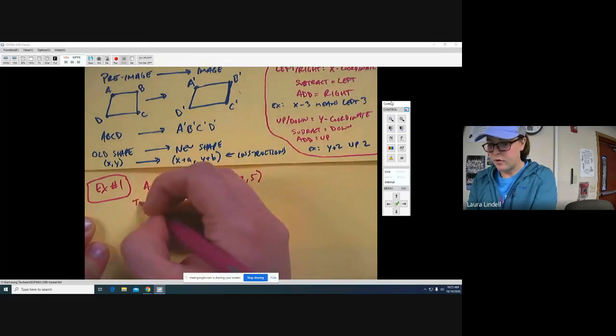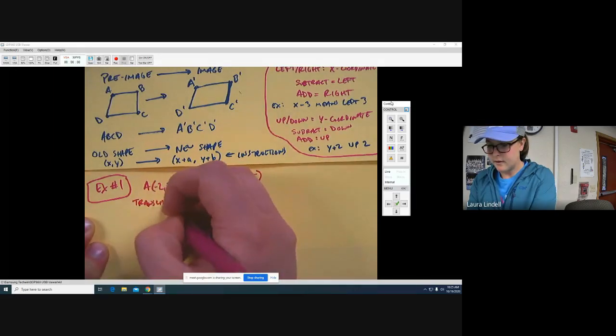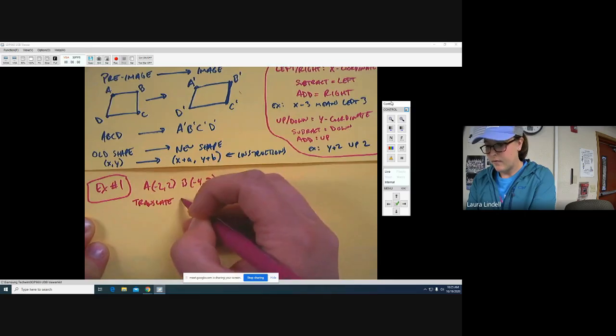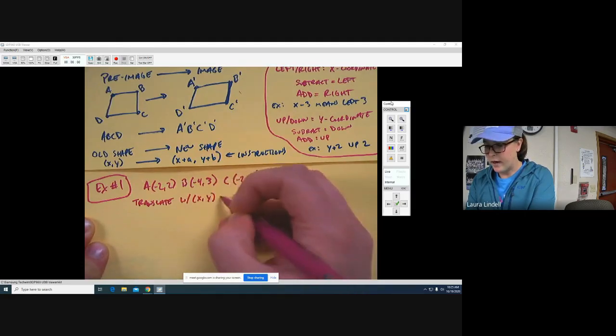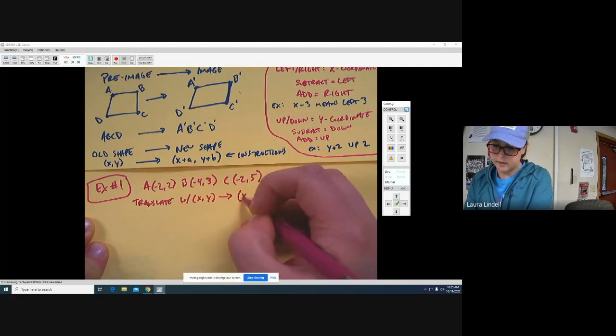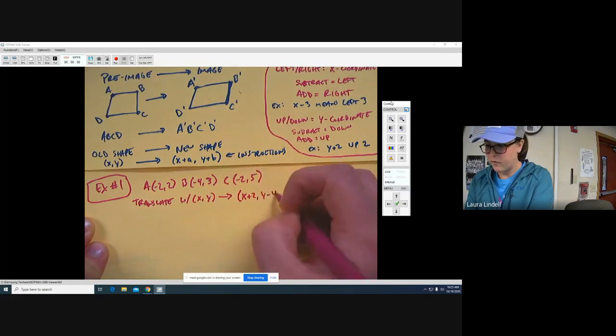And we are told to translate with the instructions (x, y) becomes (x + 2, y - 4).